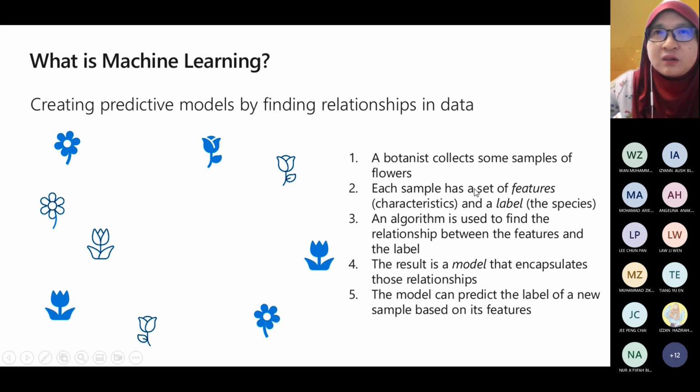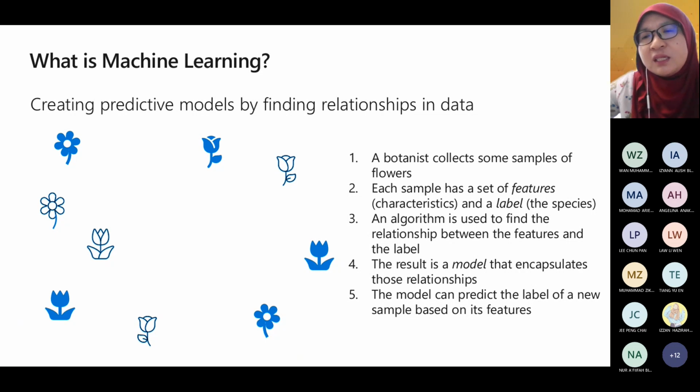So each sample has a set of features, okay, or characteristics. Okay, it has the petal itself, and the number of petals. There should be a label as species. Okay, and they measure on samples such as the number of petals, stem, and other details.